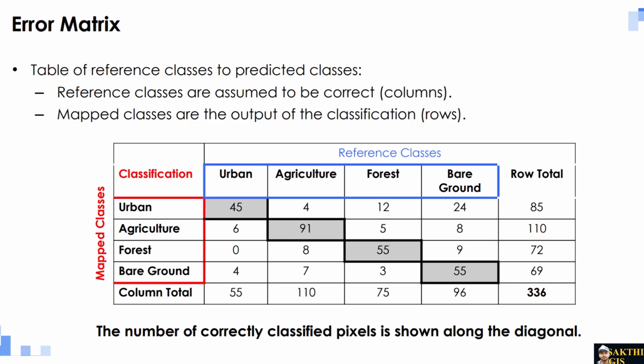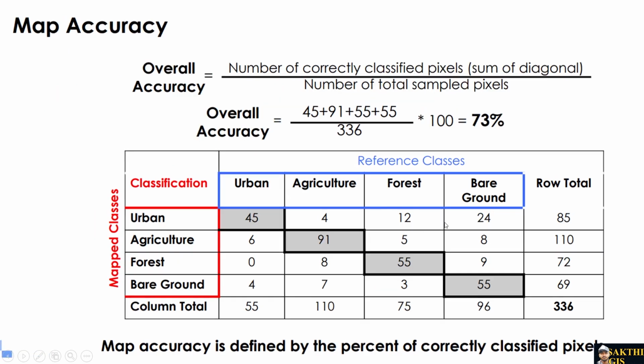Among those 20 polygons, we check how many were correctly classified and how many were wrongly classified. Based on that we define the accuracy, which is called the error matrix or confusion matrix. The diagonal values are the correctly classified pixels or places.